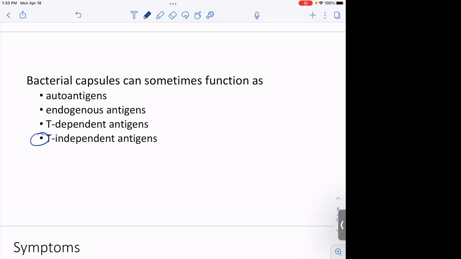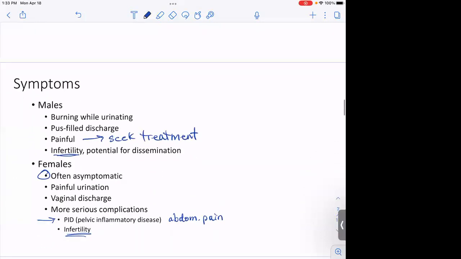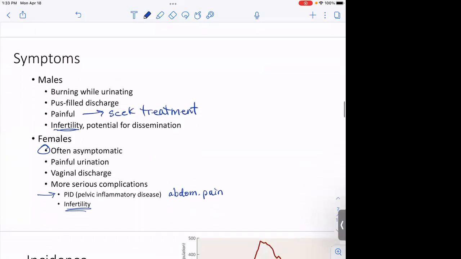So where we left off last time, we were talking about gonorrhea and some of the virulence factors. The big thing about Neisseria gonorrhoeae, remember, is that it's caused by a gram-negative pathogen, a gram-negative coccus, so a round cell. The big thing that pathogen can do is antigenic variation and phase variation.